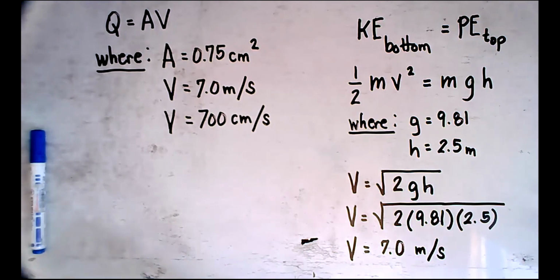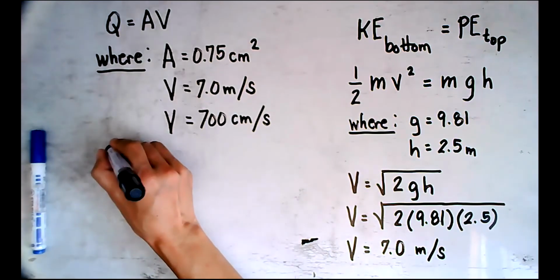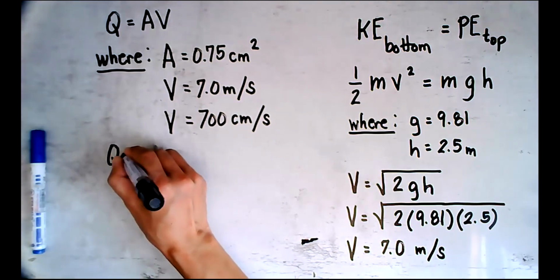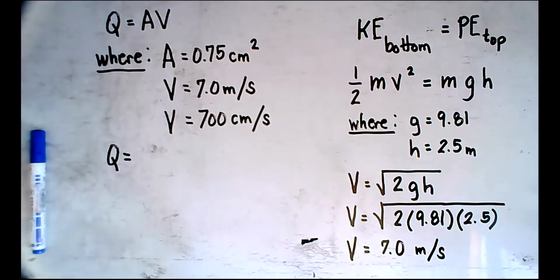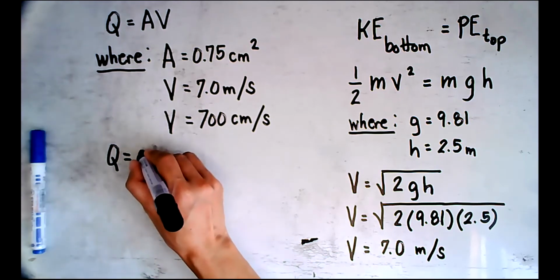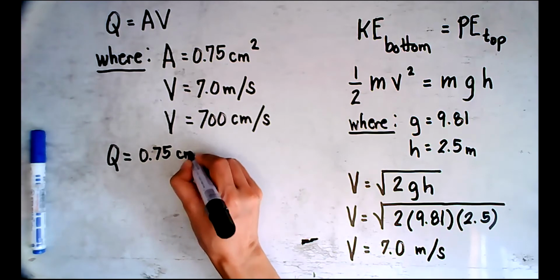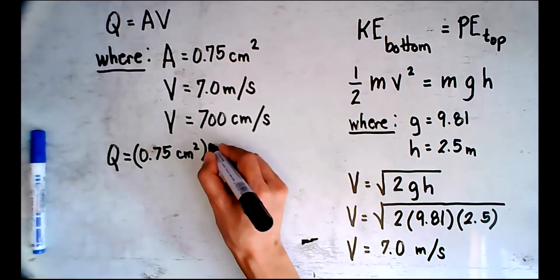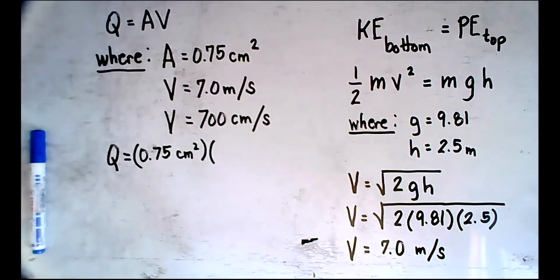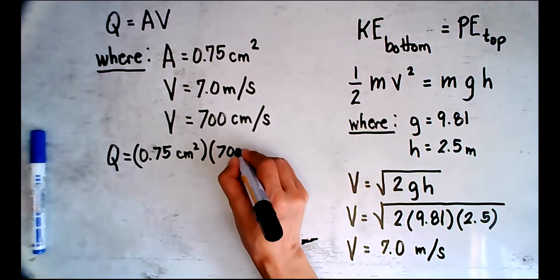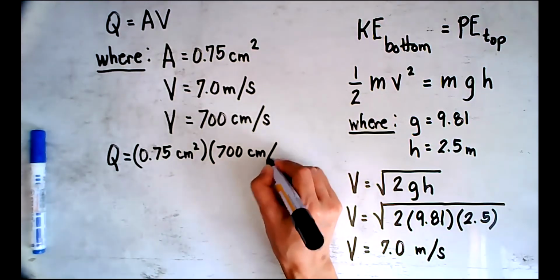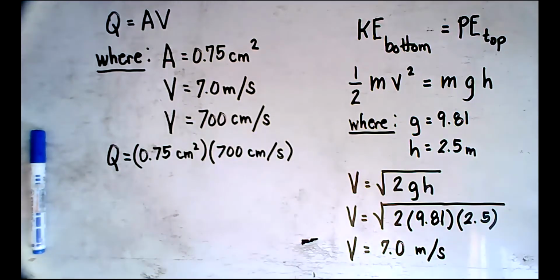Now we can use the velocity and the area to determine the discharge, wherein Q is simply equal to 0.75 square centimeter multiplied by the velocity, 700 centimeters per second.